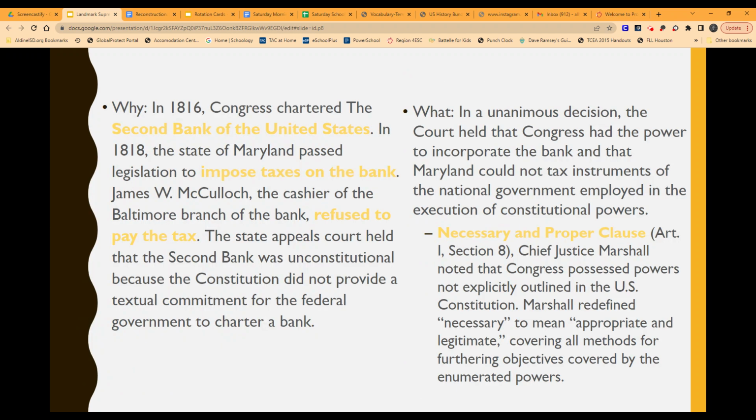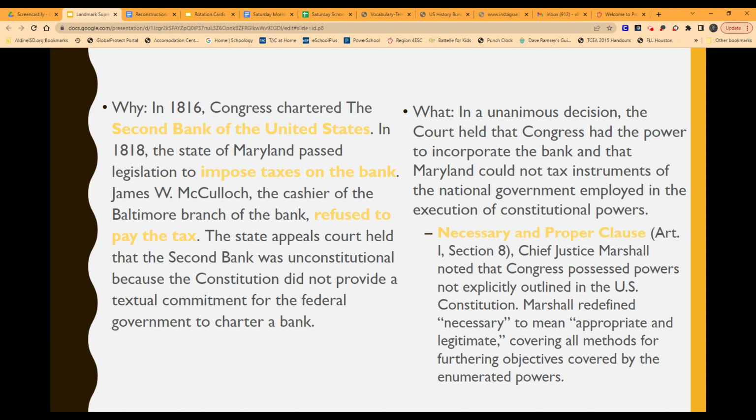In 1816, Congress chartered the Second Bank of the United States. Remember, we talked about the establishment of the National Bank during Hamilton's presidency. So in 1818, the state of Maryland passed legislation to impose taxes on the bank. James W. McCulloch, the cashier of the Baltimore branch of the bank, refused to pay those taxes.